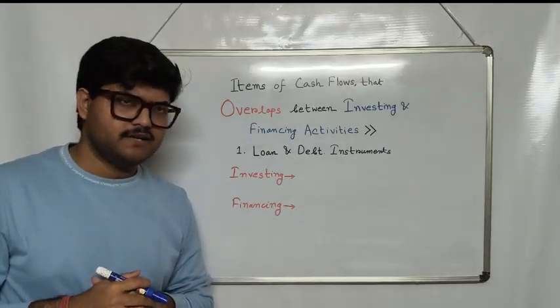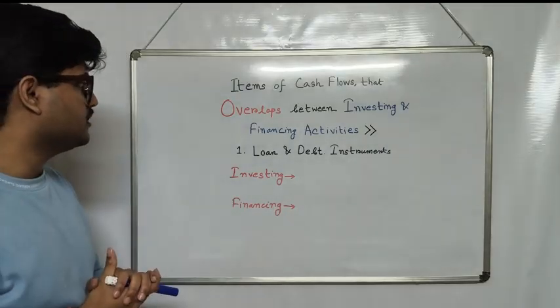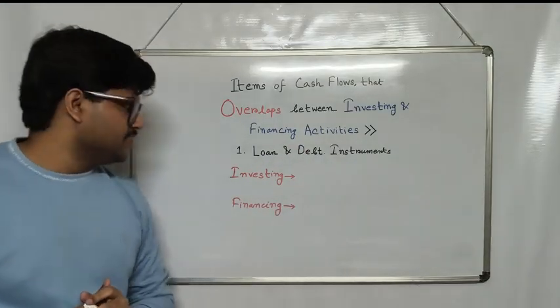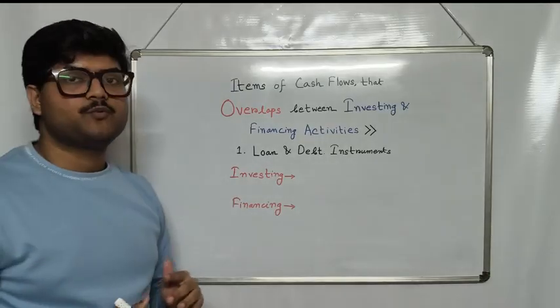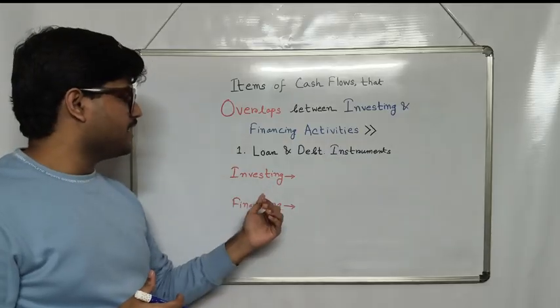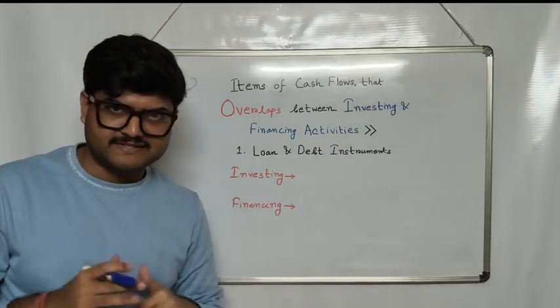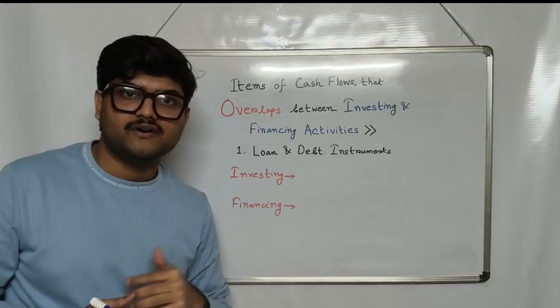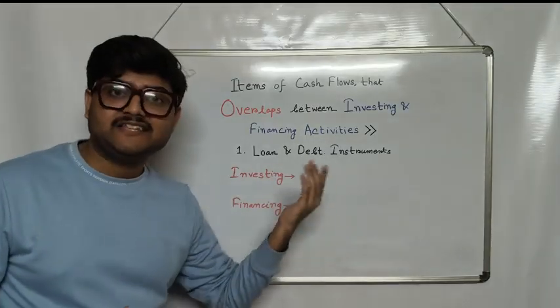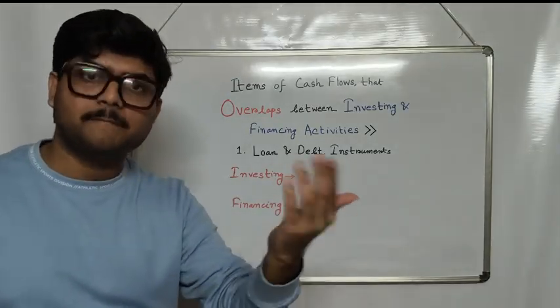The first item that we will be talking about here is loan and debt instruments. When we are providing loan to other businesses, we are helping them to raise their capital, or we are buying debt instruments from other companies.